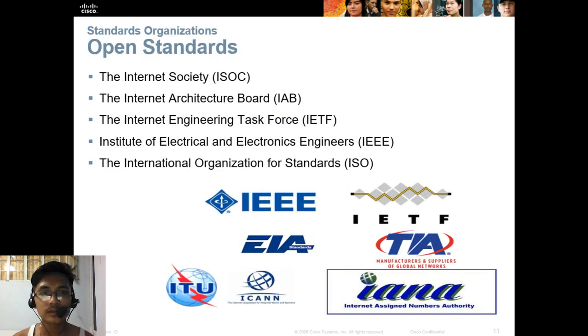We have here open standards, which come from standards organizations: the Internet Society, ISOC; the Internet Architecture Board, IAB; the Internet Engineering Task Force, IETF; the Institute of Electrical and Electronics Engineers, IEEE; and the International Organization for Standardization, ISO. These are organizations which manage the standards of some networking aspects.